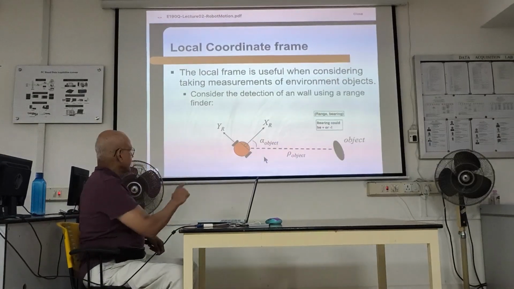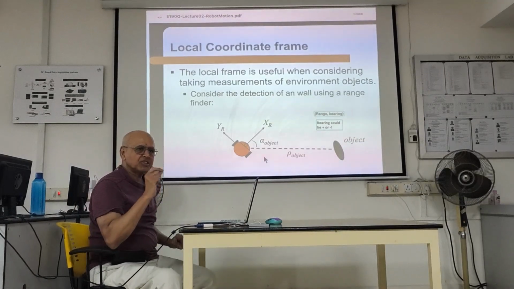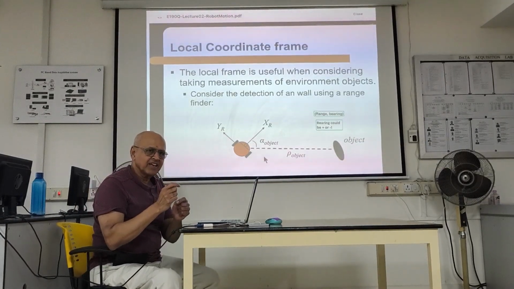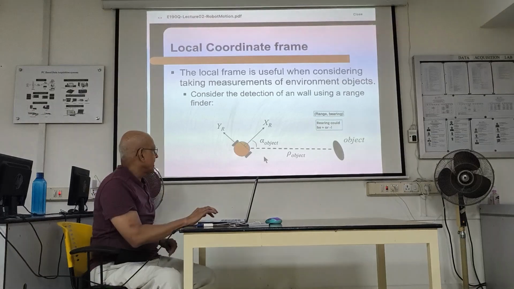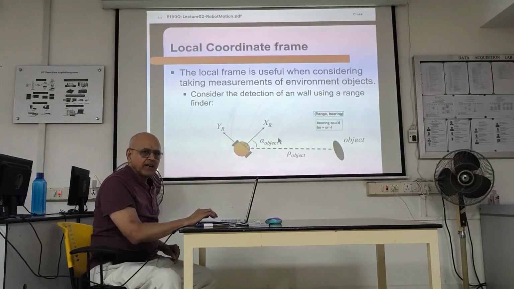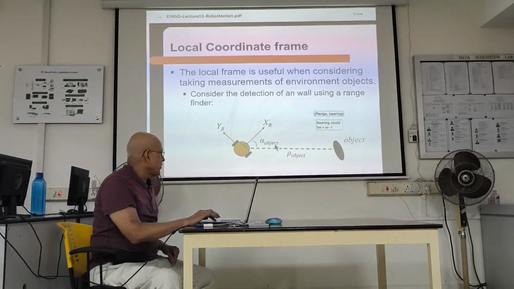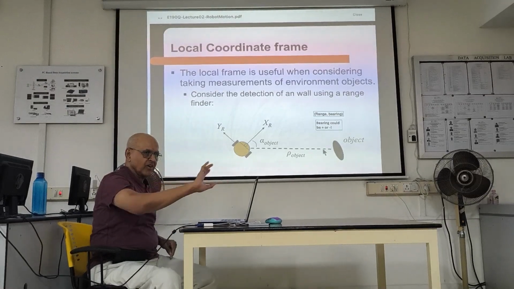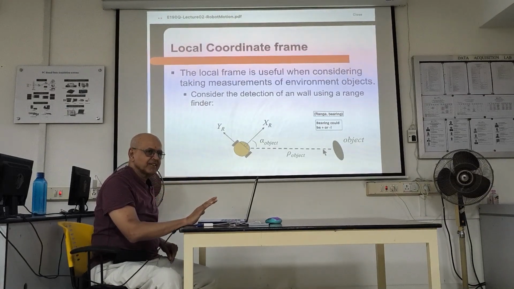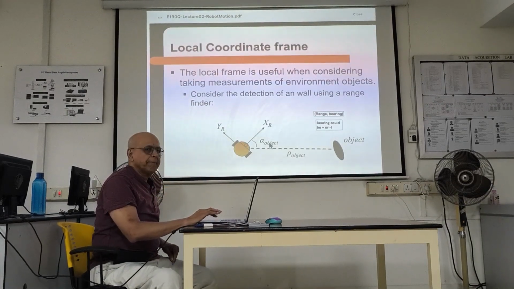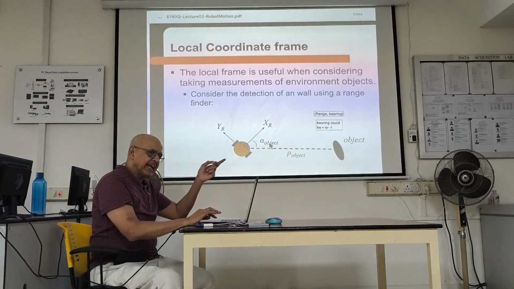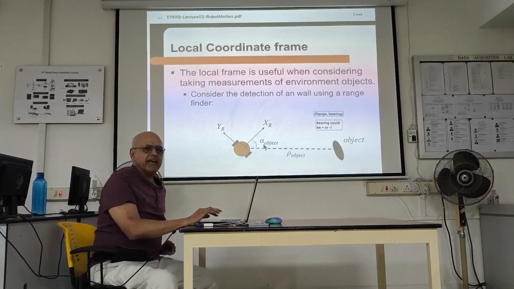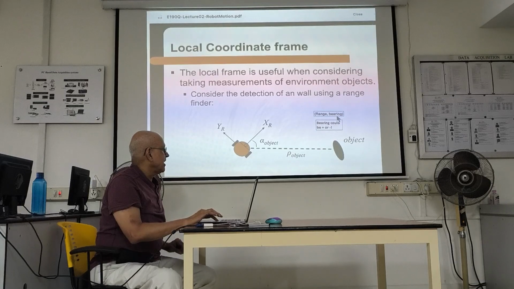I just want to mention that the most natural way that you see things is not by x and y. It's by polar coordinates: range, the distance, always positive. Range cannot be negative. So range and bearing. Just like we had heading angle, this is known as the bearing angle, B-E-A-R-I-N-G.